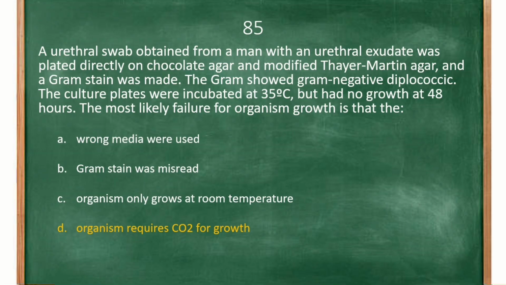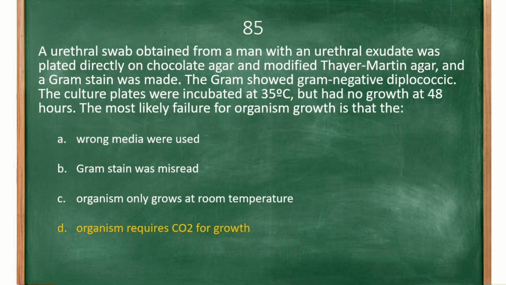One characteristic of this organism is that it requires a carbon dioxide-rich environment for optimum growth. So usually we'll be incubating it in a carbon dioxide incubator, or adding carbon dioxide to the culture environment. So I think that's the answer.